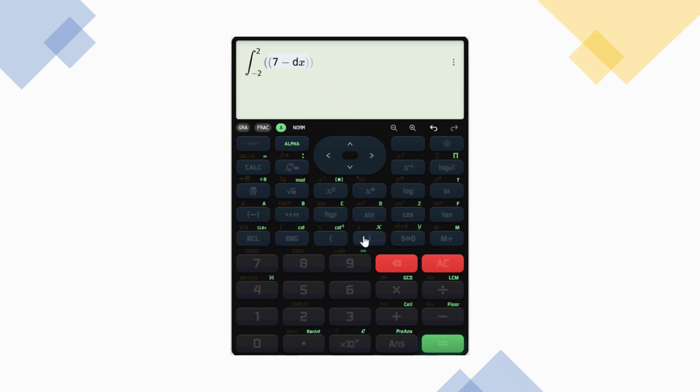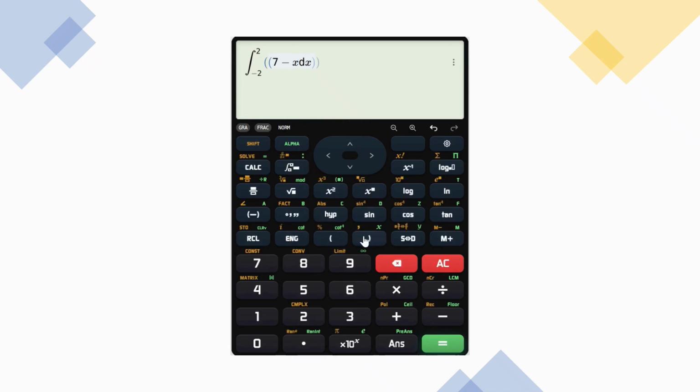Alpha and this button. Square. Don't forget to close the first bracket. Minus. Open again. Alpha x. Square minus 1. Close the bracket. Don't forget to close the main bracket. And your answer is here, 64 over 3.